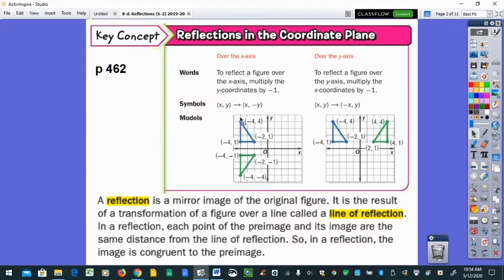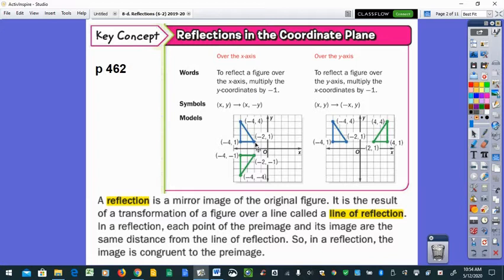When we reflect over the x-axis, notice that this corner point, this vertex that I'm moving the cursor on, (-4, 1), it's 1 up from the x-axis, which is the line of reflection. So the new shape, the image, is going to be 1 below.